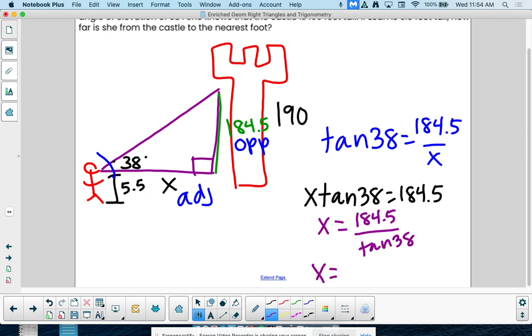What are we getting, folks? 236. 236.15. I totally agree, but I think we're going to the nearest foot. 236. Perfect. All right. Good work.